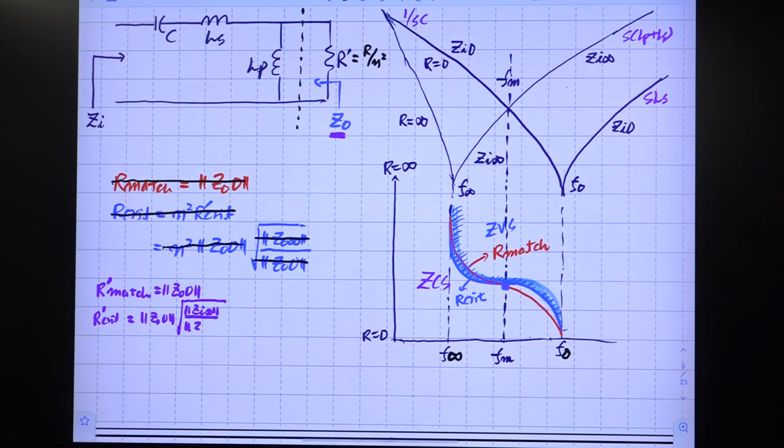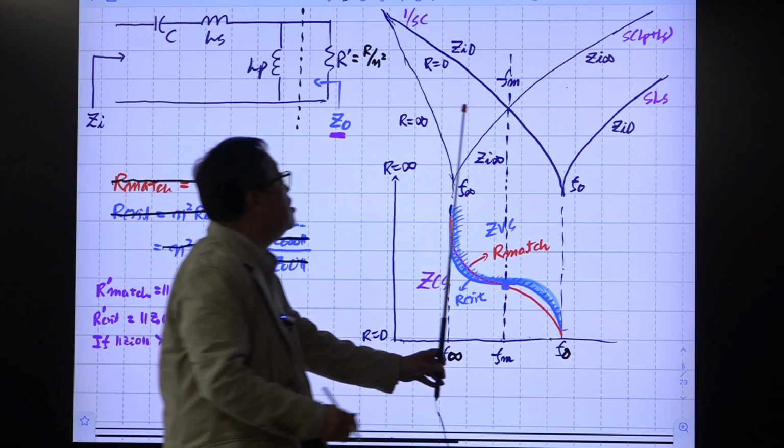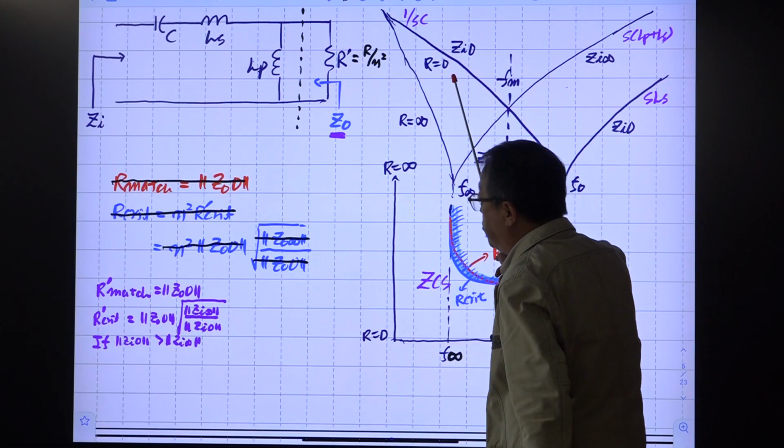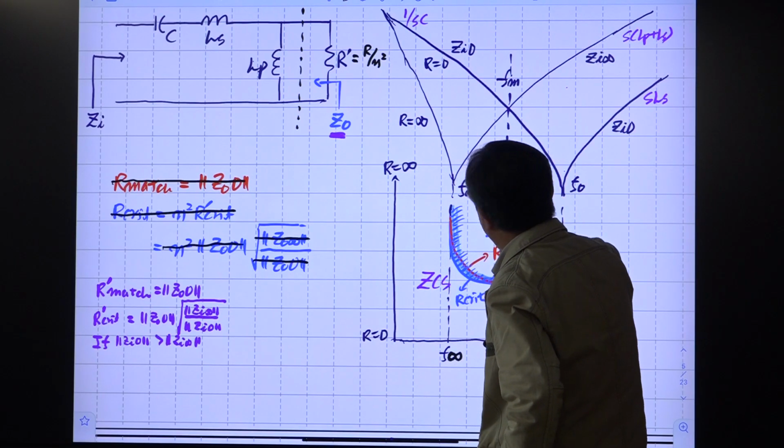divided by GI0. Okay? Suppose in some frequency range, the magnitude of GI0 is always larger than GI infinity, which is this region. Below this, the magnitude of GI0 is always larger than GI infinity.